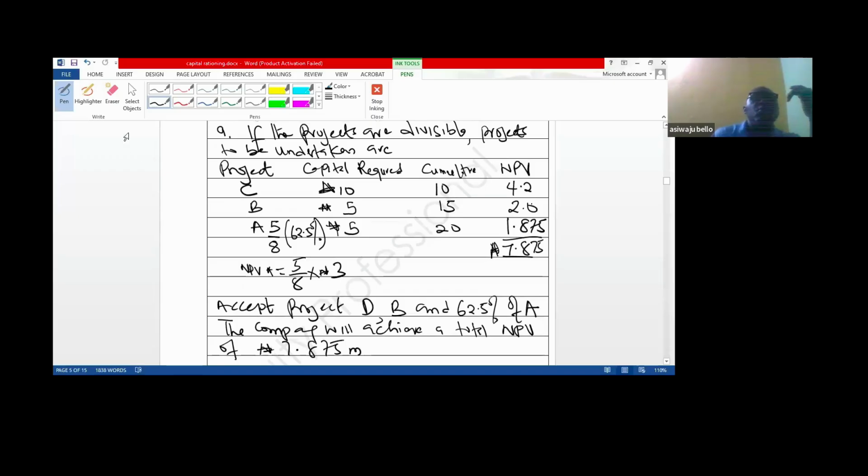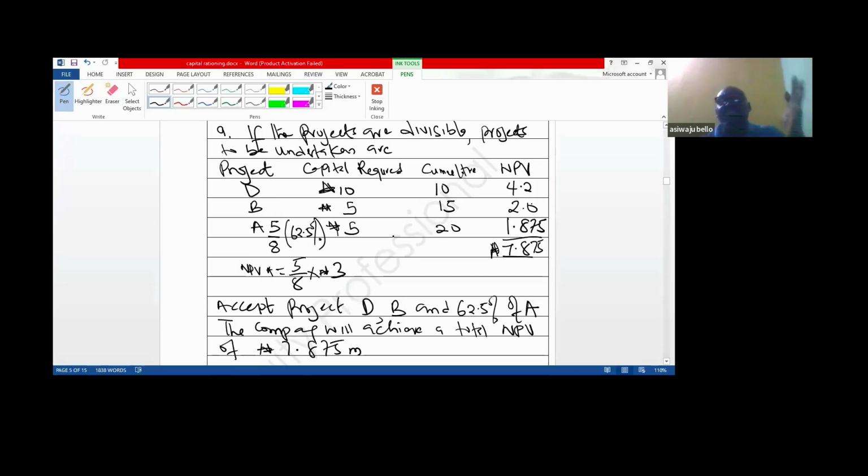Oh, this is not even C. This should be D. We are going to take project D, 10 million, followed by project B, 5 million. Out of 20 million, we have spent 15 million. We are left with 5 million.